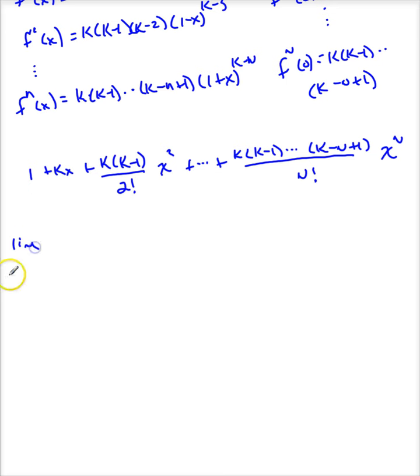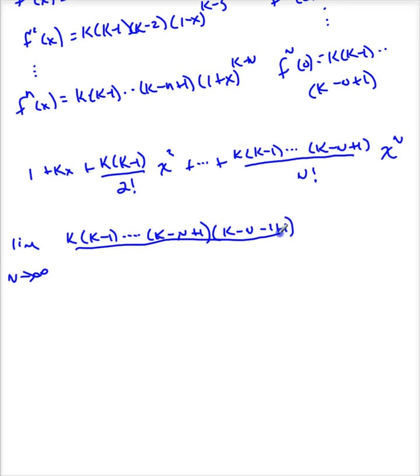If I look at the ratio test, I really don't want to write all this down, but I will. Let's look at the limit as n approaches infinity of k times k minus 1 all the way out to k minus n plus 1, and I need one more term, k minus n minus 1 plus 1, because I put in an n plus 1, divided by n plus 1 factorial times x to the n plus 1.